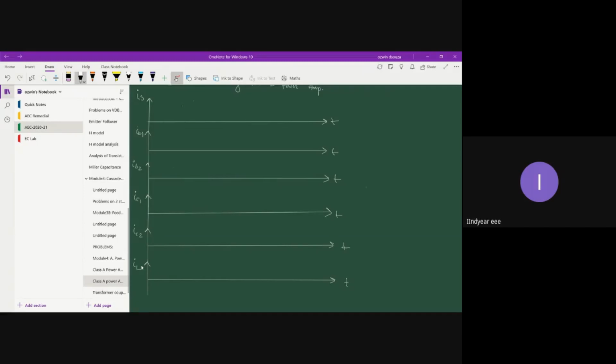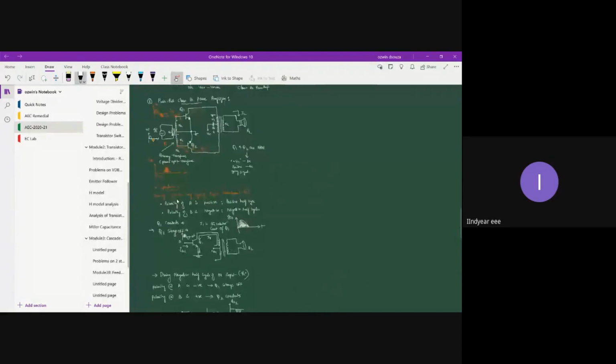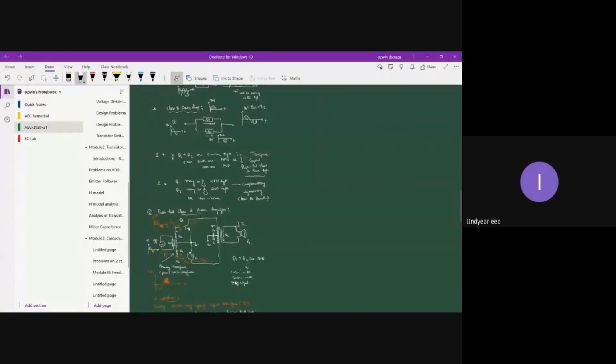Let me see whether I have marked source current in our main circuit. If I haven't, let me mark it now. So this is my source signal VI, and this will be the source current IS. IB1 and IB2 I have already marked, and let me mark the collector current also, because collector current I1 is nothing but IC1.